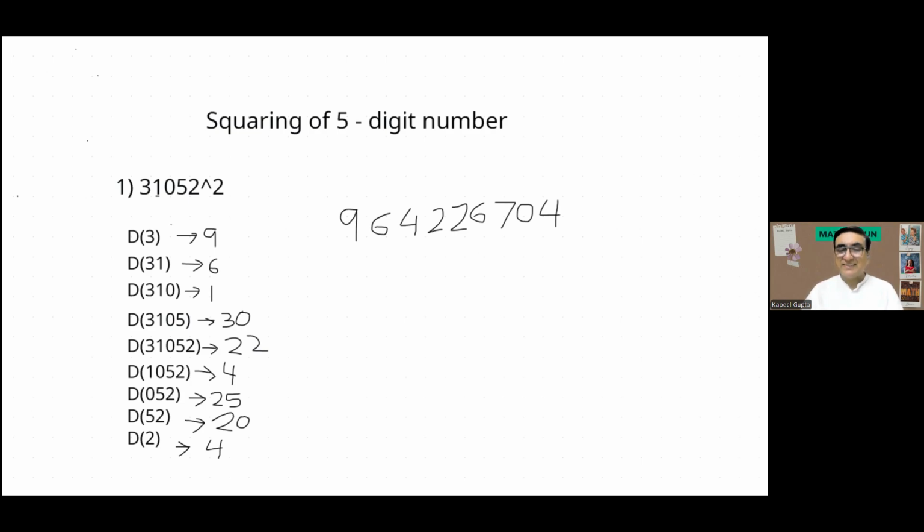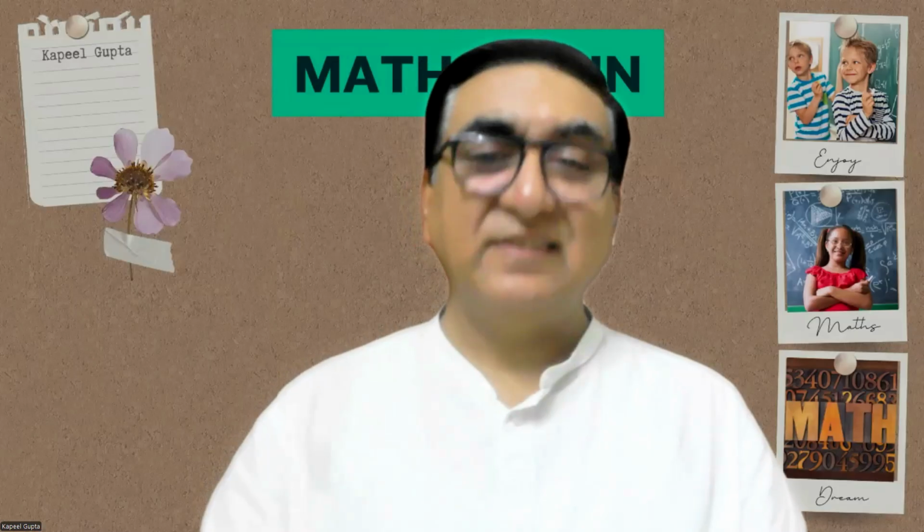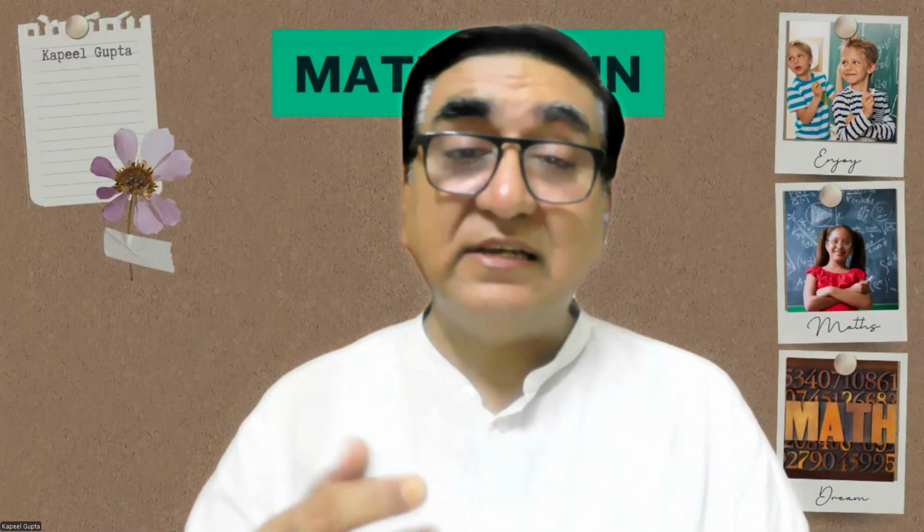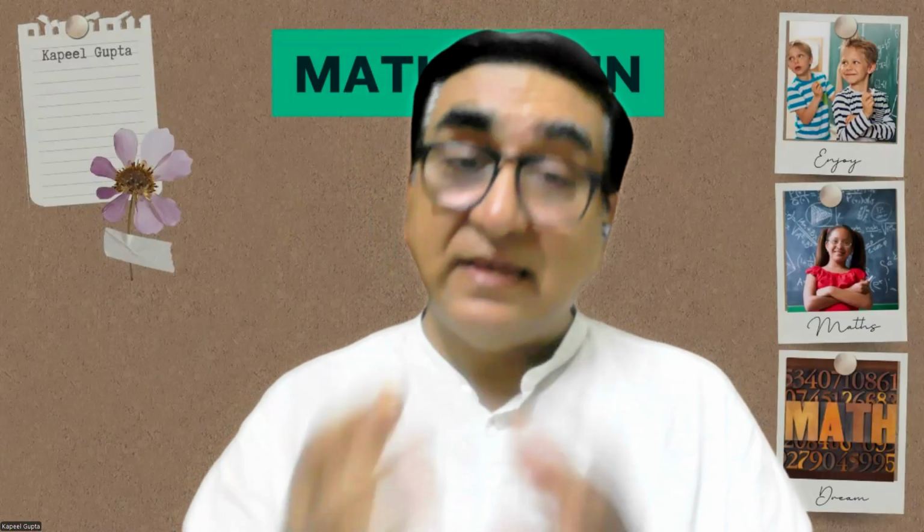So now let's get on to our main board. So this was the technique for squaring of five-digit numbers, and of course, you can definitely try for six, seven, eight in a similar fashion. So it will be much, much faster and very less prone to mistakes.